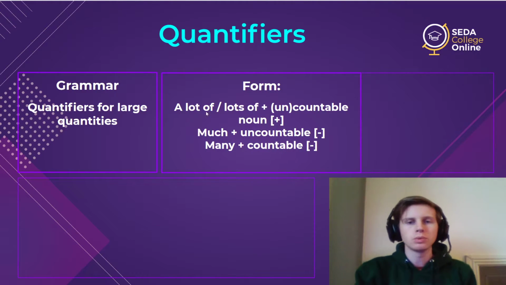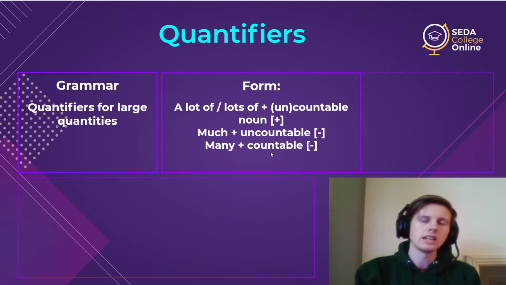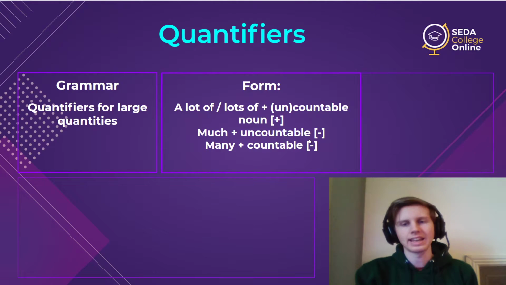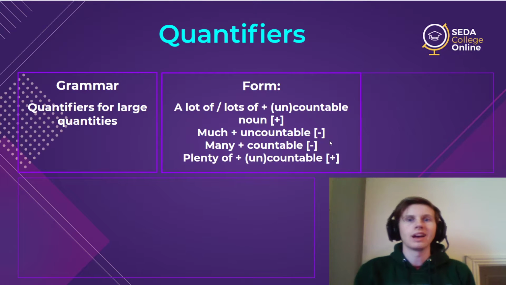The difference between a lot and much and many is that a lot is most often used in a positive sentence, whereas much and many are most often used in negative sentences. And then finally we have plenty of, and that's also usually in a positive sentence, and it can be countable or uncountable.